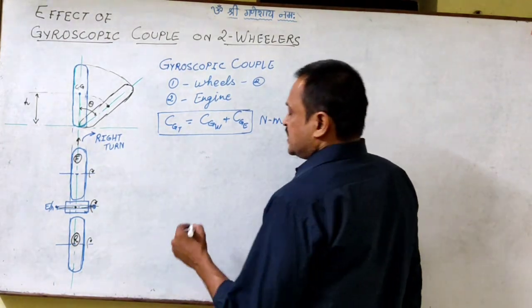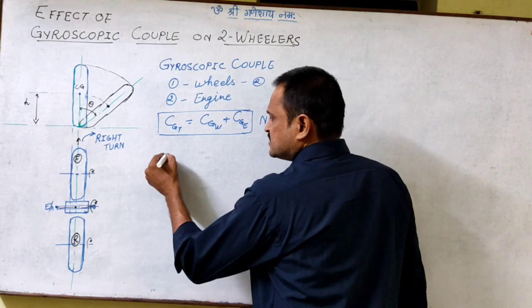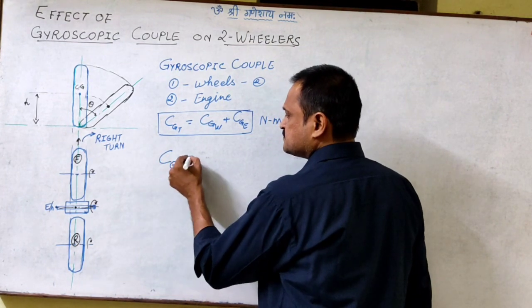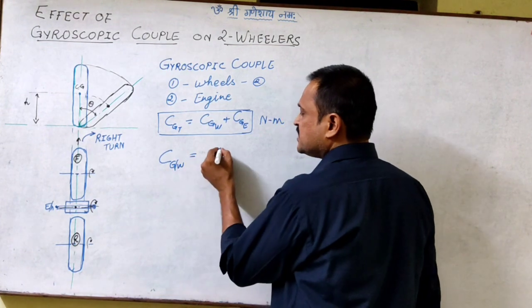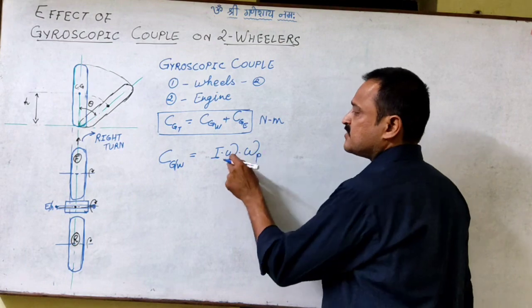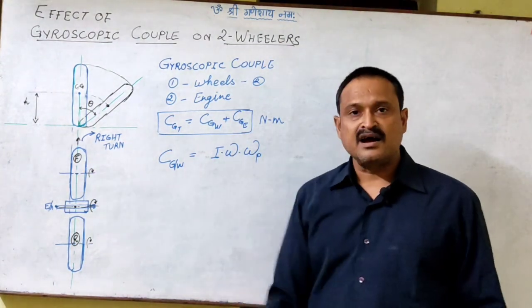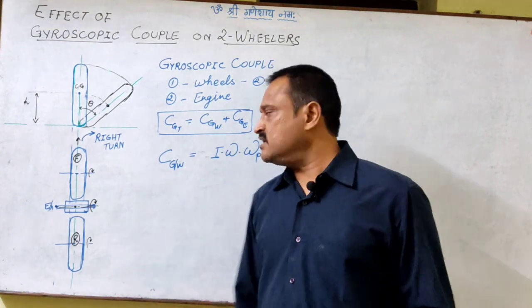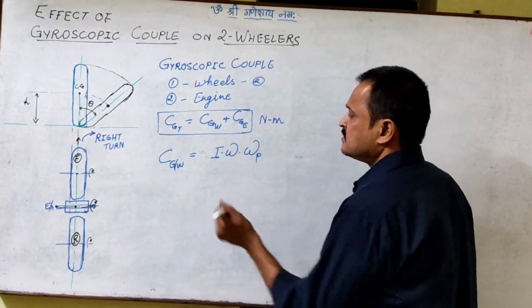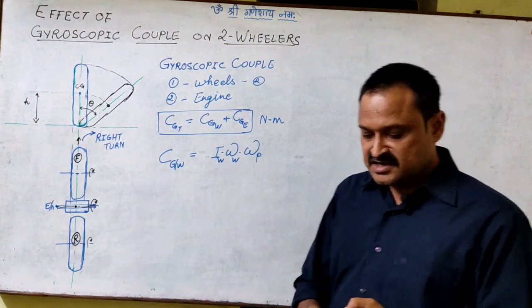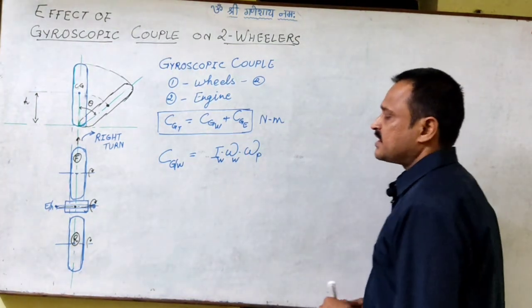Now we know that the magnitude of gyroscopic couple, let us say for the wheels, will be I omega omega P, where omega is the spin velocity of the wheel, I is the mass moment of inertia of the wheels, and omega P is the precession velocity, right?